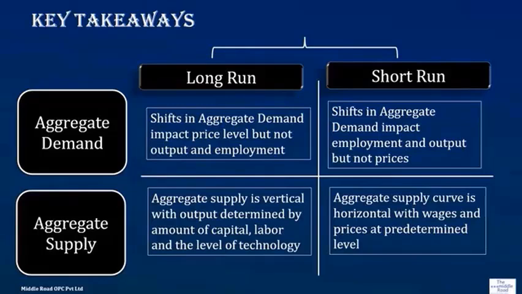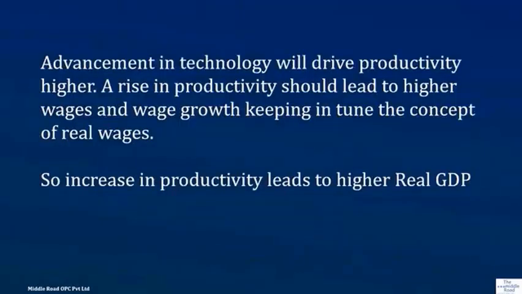And when you're looking at aggregate supply in the long run, it's affected by the production function and the factors of production, which is basically the amount of capital and labor and the level of technology, how efficiently the technology is using these two factors of input.